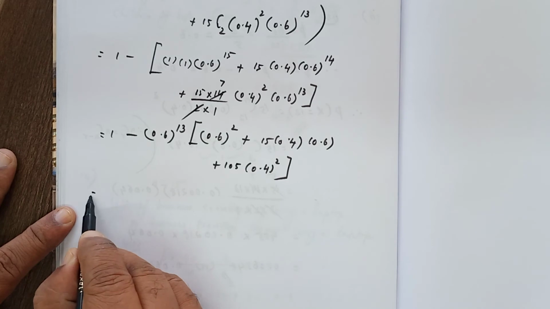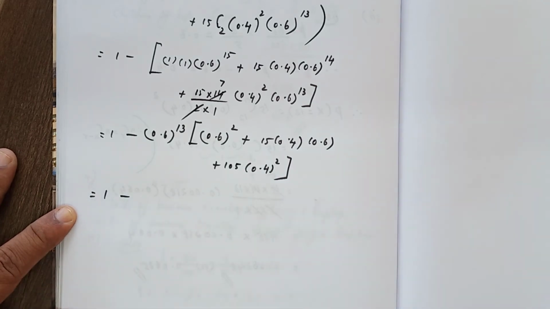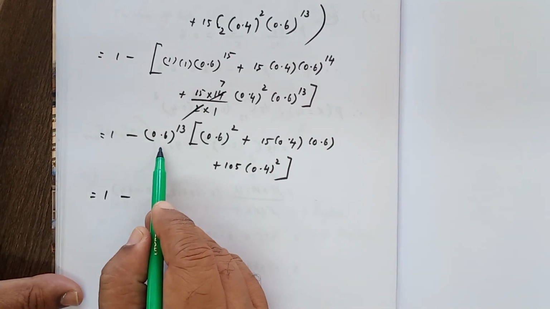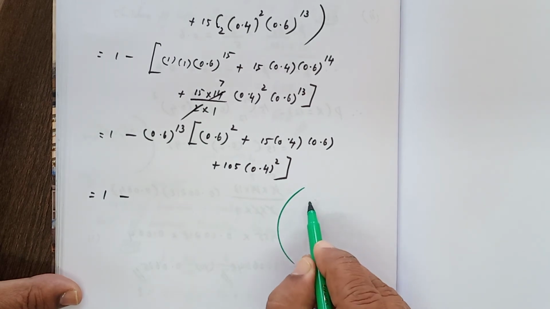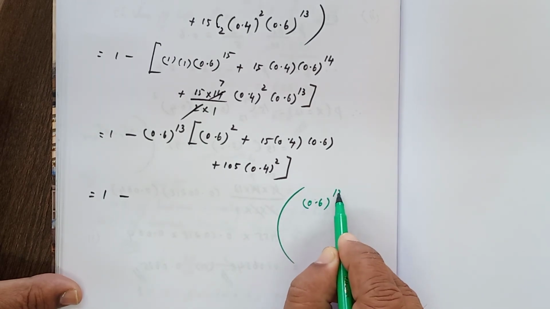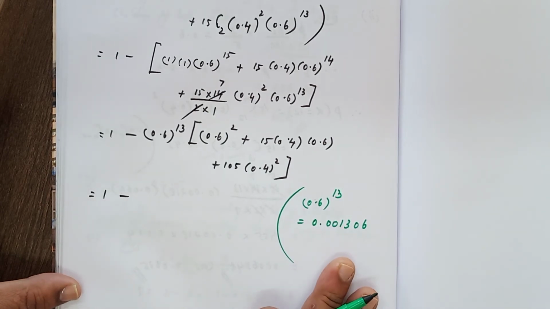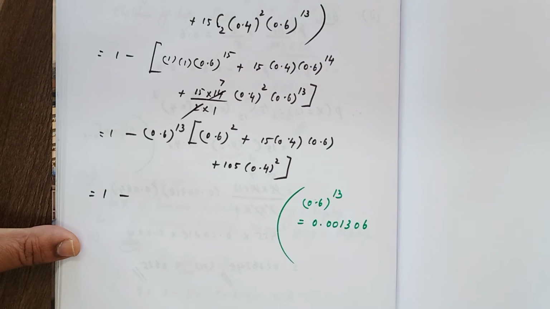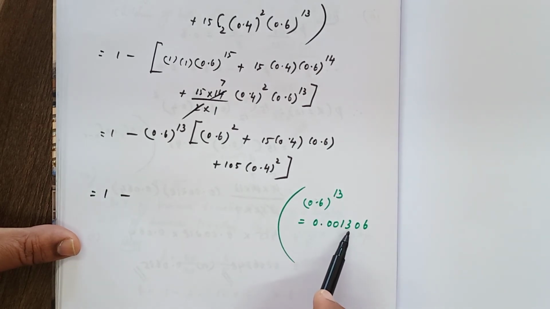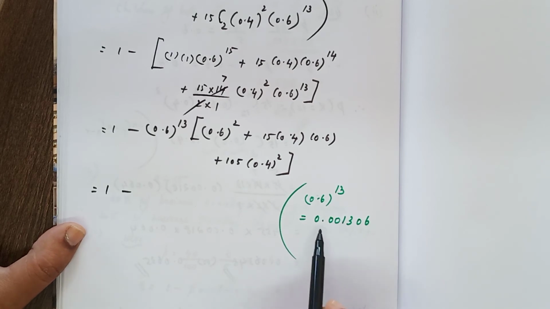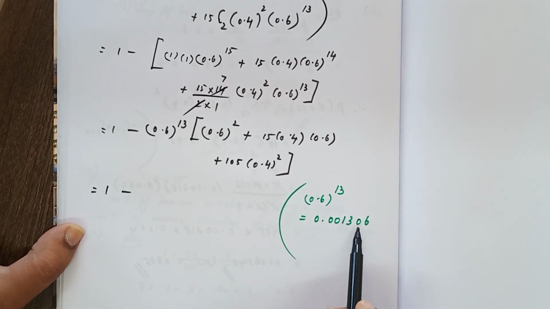That is equal to 1 minus 0.6 power 13. The actual value is 0.001306. This is the correct value of 0.6 power 13, so you may take 0.0013. You can even take 0.00131 if it is rounded off to 5 places.